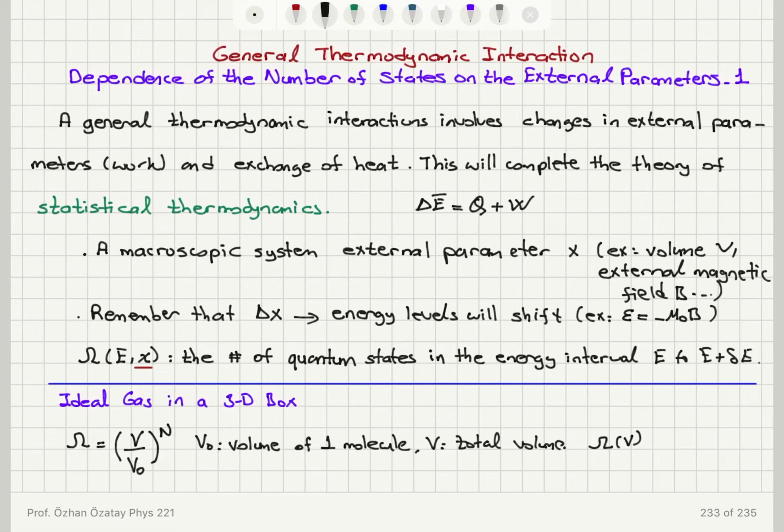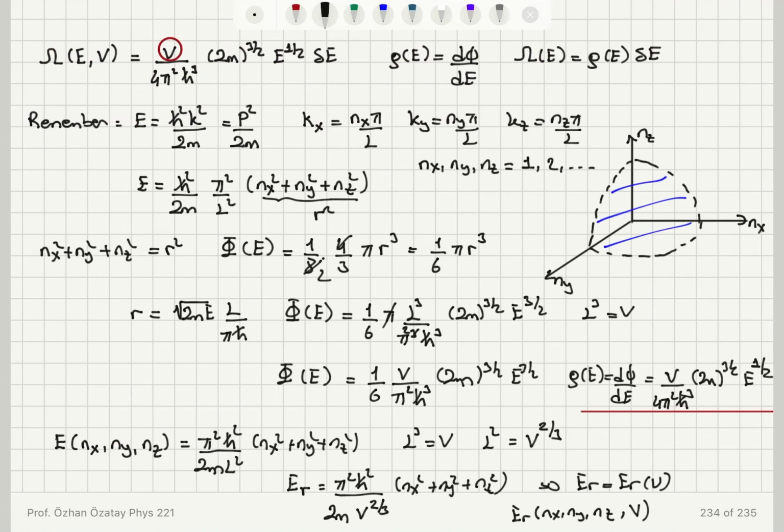The number of accessible states will depend on the energy as well as the external parameter x. So for an ideal gas in a three-dimensional box without any limitation on the energy, the number of accessible states is V over V0 to the power N. That's something we did at the beginning of this course.